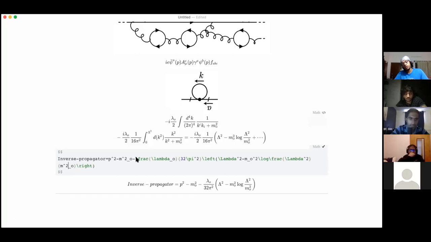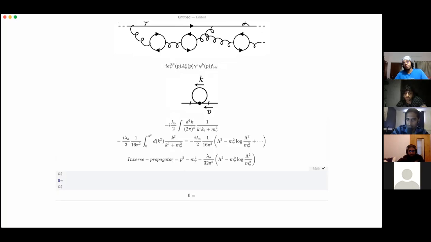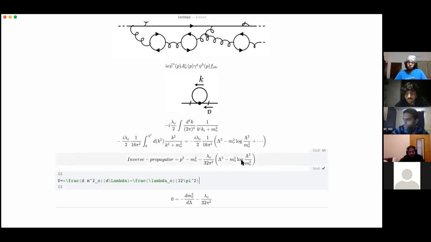Anyway, what do we do? We differentiate this thing with respect to lambda, and demand that the answer is 0. After some effort, we would get that 0 equals minus d m naught squared over d lambda minus whatever this lambda 0 over 32 pi squared, and then you're going to have 2 lambda minus 2 over lambda m squared, right?